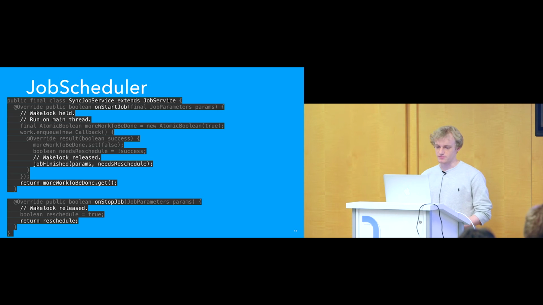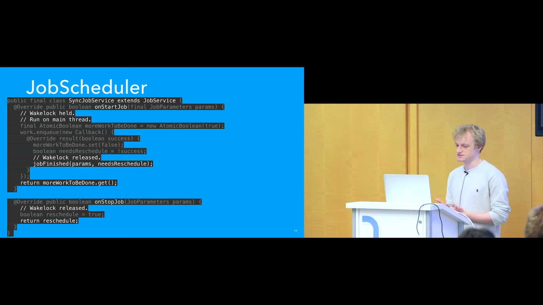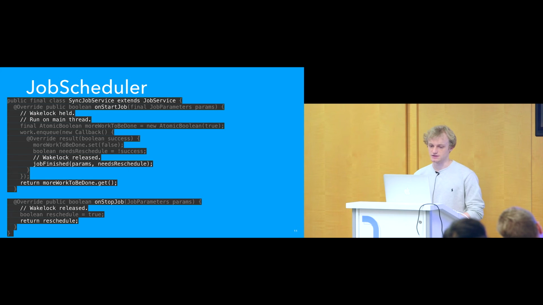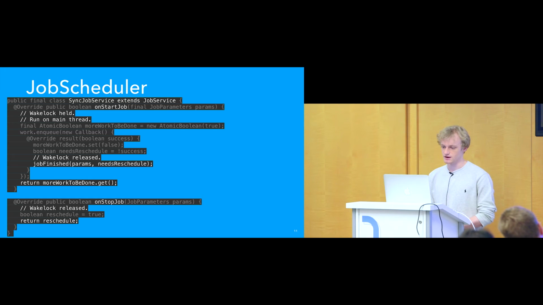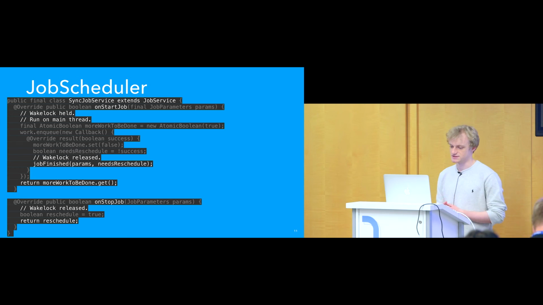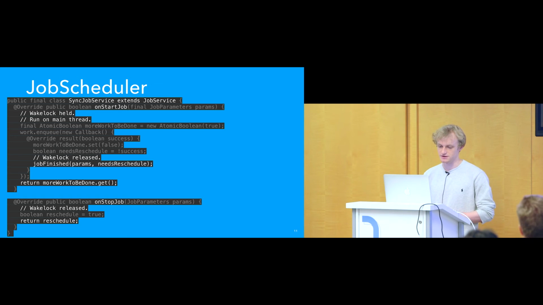And then we do our work. This is on the main thread though, so it's all up to your own implementation for how you want to begin your actual syncing, but don't do large work on this thread. Android holds a wake lock for you. That's guaranteed, so that's a really handy abstraction.